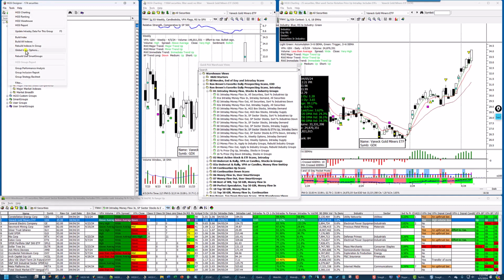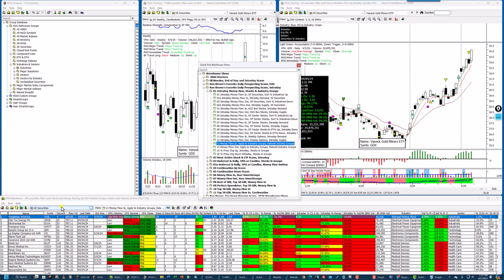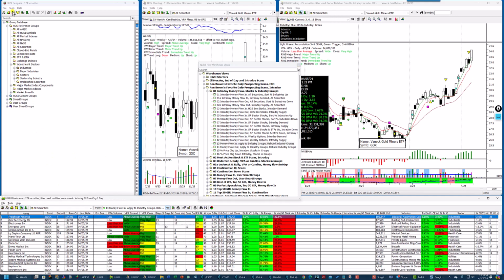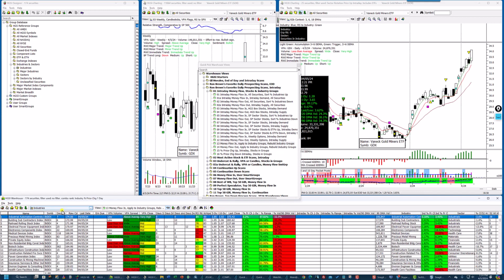Do that again. And then you just click from the industry group, and it just shows you the industry group's percentage based upon the percentage price change one day.